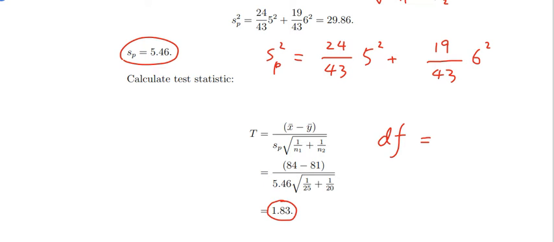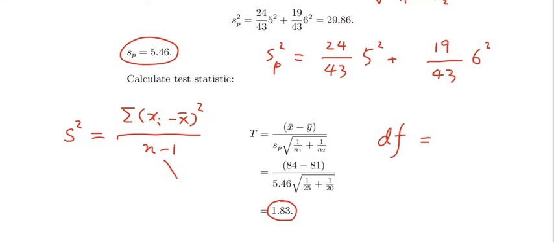This is for one sample. The degree of freedom is actually the degree of freedom for the variance, s square. We have this formula, right? For a one sample problem, the sum of xi minus x bar square over n minus 1.